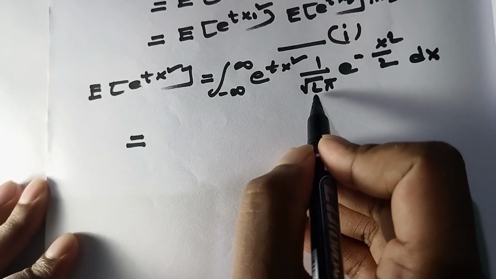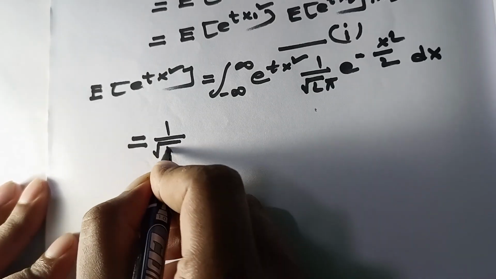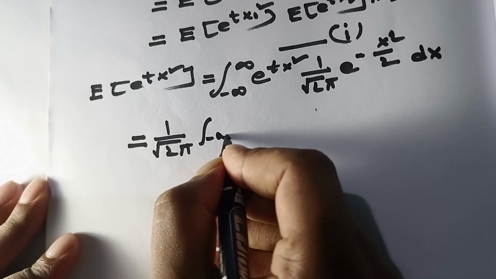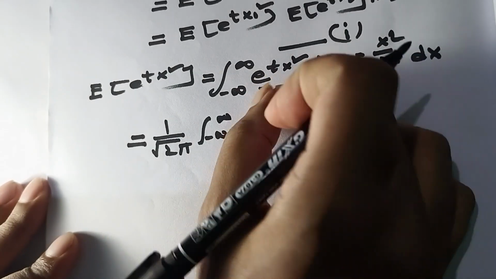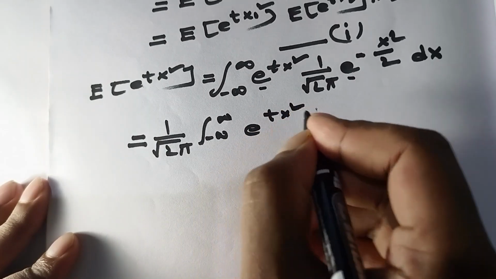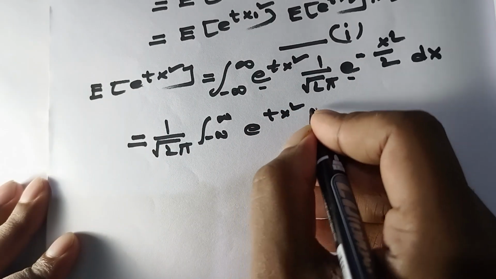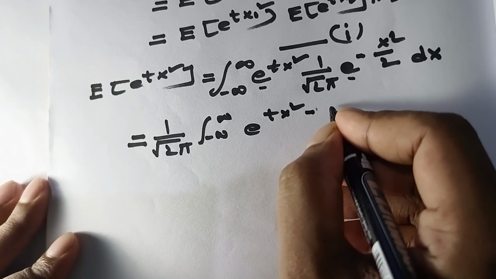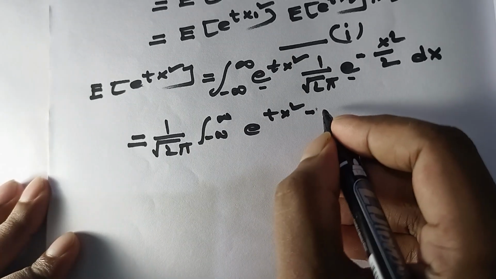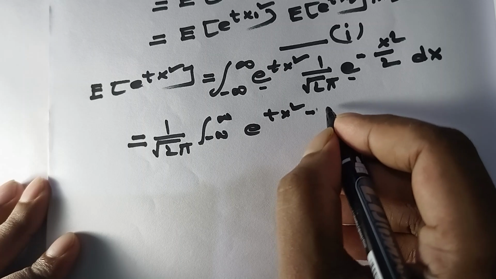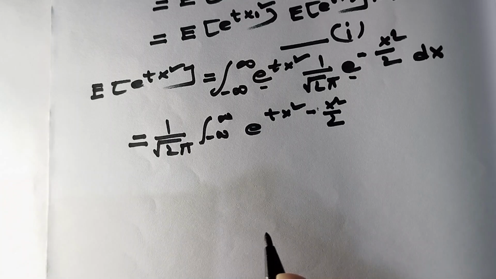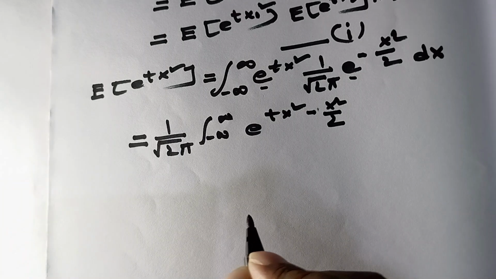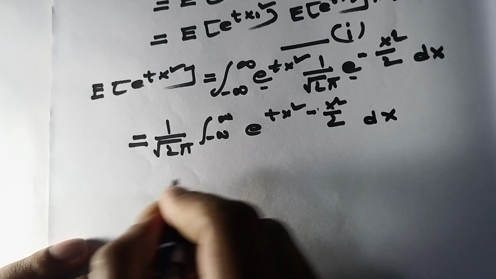See here what I can do. The constant term, 1 by root 2 pi, I can write outside the integral from minus infinity to infinity. Here two exponentials are present, so I can combine them: e to the power t x squared minus x squared divided by 2, dx.